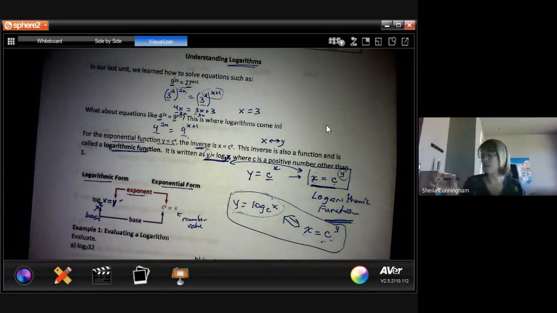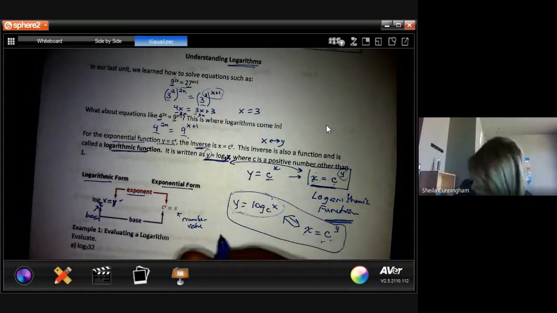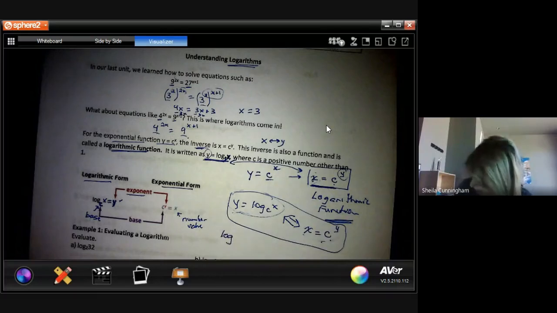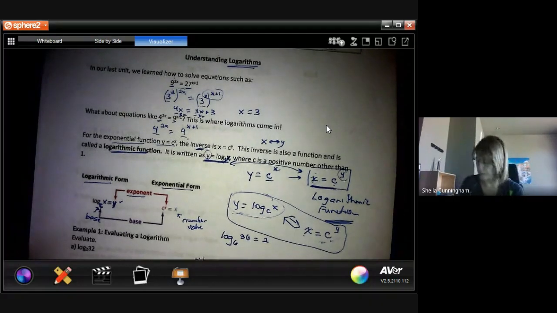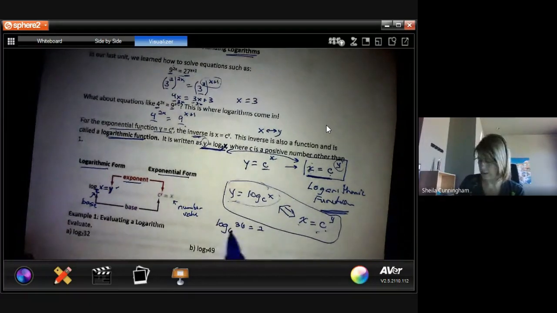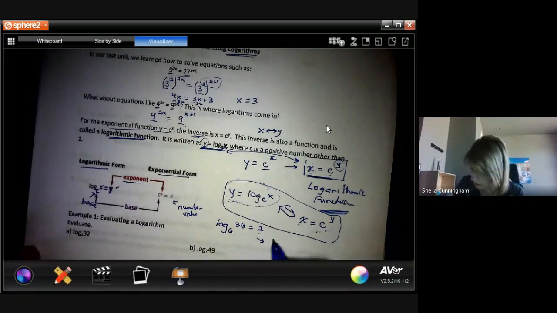So let's say we had the log base 6 of 36 equals 2. This is a logarithmic form of an equation, and I want to convert it into an exponential form.